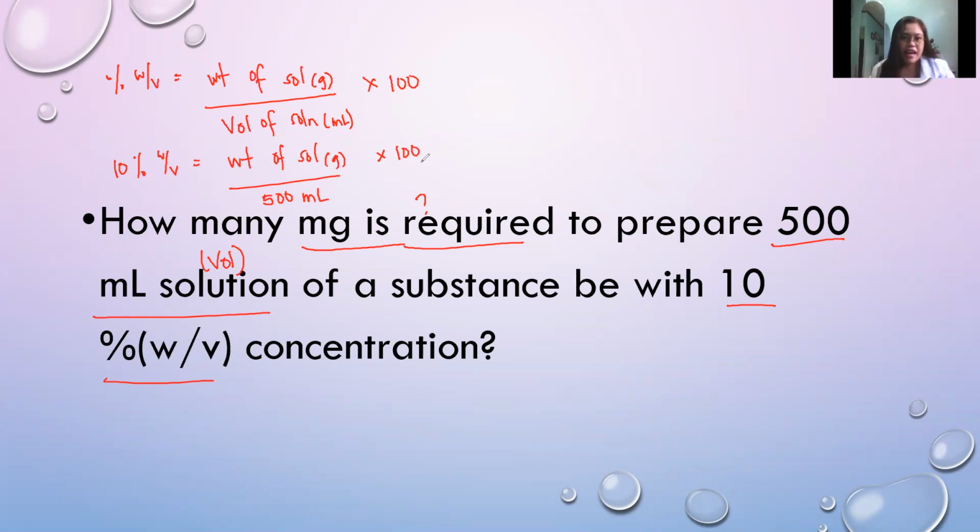So, ani siya. Tapos, para klaro yung pag cancel natin ng mga units, itong 10% weight per volume, gawin natin siyang 10 grams per ml. Again, gawin natin siyang 10 grams per ml para ma-cancel natin because we cannot cancel percent in the weight per volume. Though it's equivalent man, so grams per ml na lang.